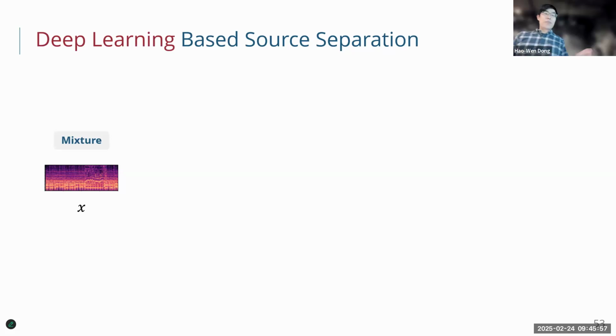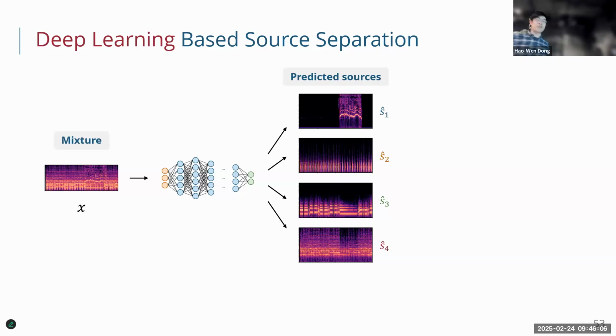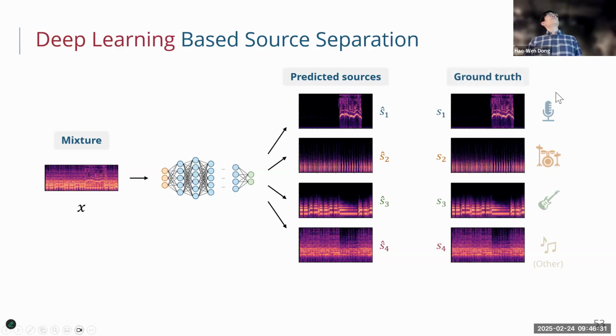So it depends on how you tune those things, and depends a lot on the data set that you have. But in general, how you approach it in deep learning is not so interesting because, in terms of how you train it, the key in source separation is mostly in how you prepare the data set rather than the model itself. There's a bunch of different models, but model-wise, what we want to do is that we are given some spectrogram. We want to use some neural network to separate it into different spectrograms. And in this case, these are the ground truth spectrograms of the 4 tracks. So now you can see why it could be very hard for the model to do it.